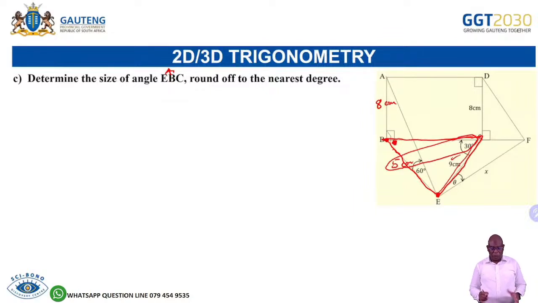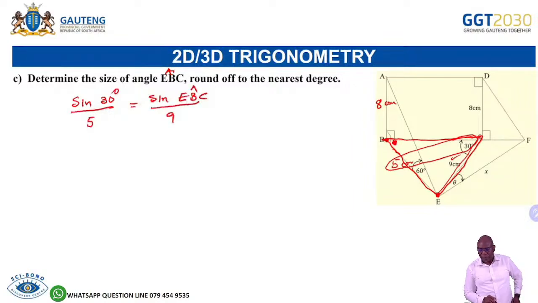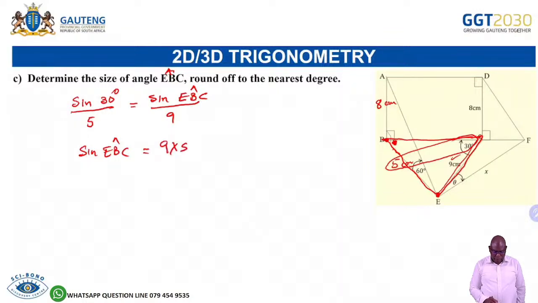Sine rule, easy. Known couple, sine rule. So I'm going to go for the sine of 30 degrees all over 5. It equals the sine of EBC over 9. So I think I'm sorted with that. So I'm going to have sine of EBC equals 9 multiplied by sine of 30 degrees all over 5.